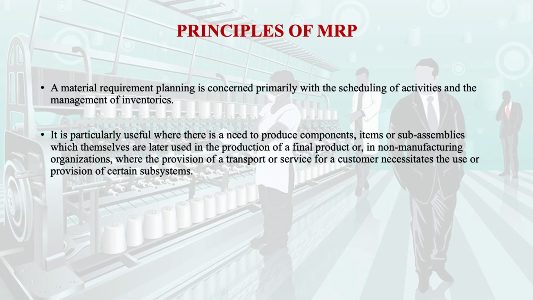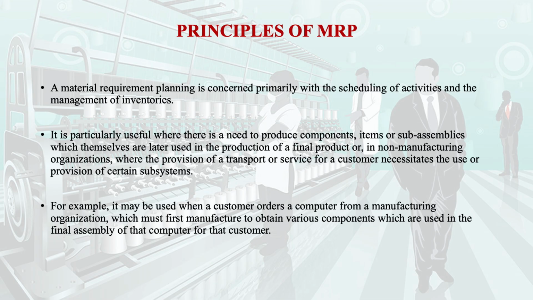It is particularly useful where there is a need to produce components, items or subassemblies which themselves are later used in the production of the final product, or in manufacturing organizations where the provision of transport or service for a customer necessitates the use or provision of certain subsystems.